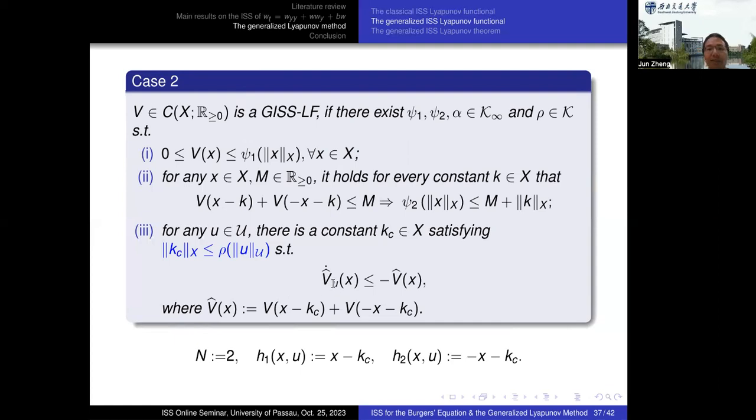In fact, in the definition of generalized ISS Lyapunov functionals, the functions H1, H2 are given by X minus Kc and minus X minus Kc respectively. If we can find a function V satisfying these conditions, then we can use it to assess the ISS for PDEs with in-domain disturbance or Robin or Neumann or Dirichlet boundary disturbances.